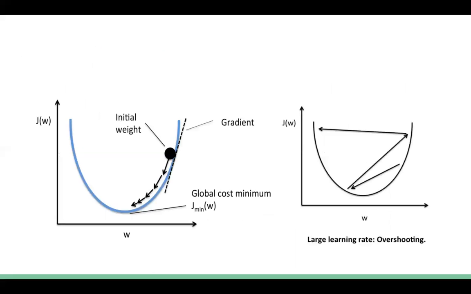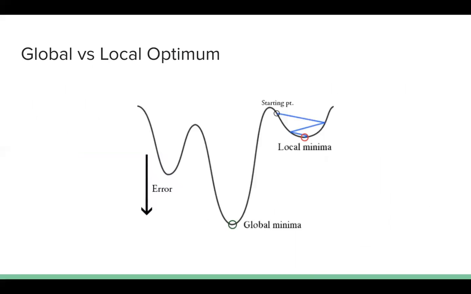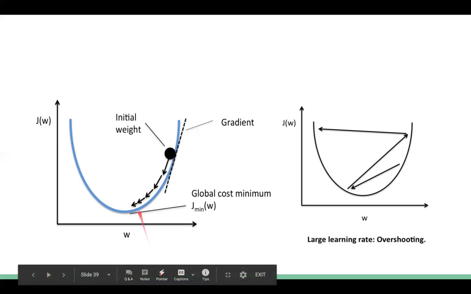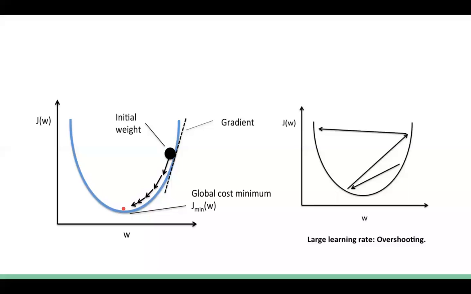Our objective was to find a global minimum. Like I said in the last class, a linear regression algorithm will always have a global minimum and it will not have a local minimum. The reason is that the cost function in linear regression is an inverted bell curve. So it always has a global minimum at this particular point. It is always a U-shaped curve, so we don't need to bother about the local minimum.